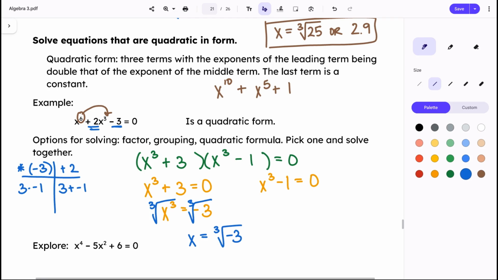Really, it only has an issue when there's a negative underneath an even root. That's when your i is going to show up. For the other side, I would add 1. So I have x to the 3rd equals 1. If I cube root this side, what do I get? What number times itself 3 times is 1? 1. Just 1. So those are your 2 answers.